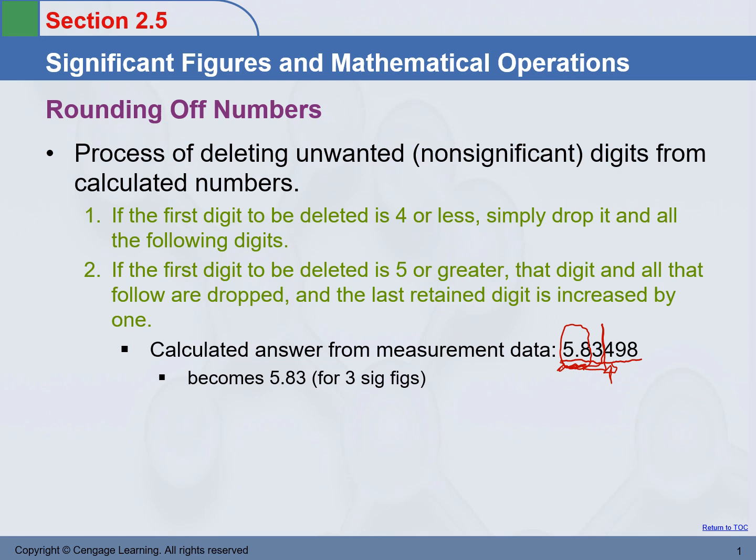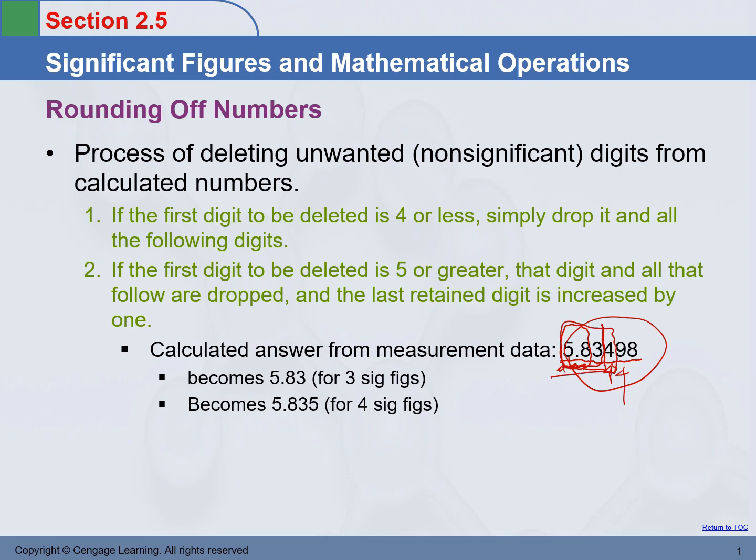Okay, let's assume I got this number 5.83498, and by following my calculation rule that we're going to learn later on, I need to keep 4 sig figs. How do I do that? Well, to keep 4 sig figs it will become 5.835 because that's 4 sig figs.